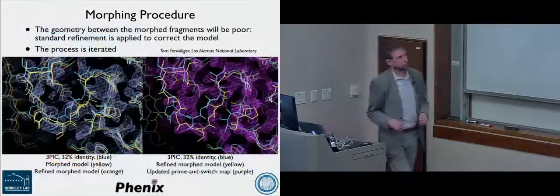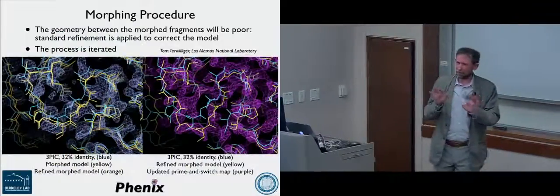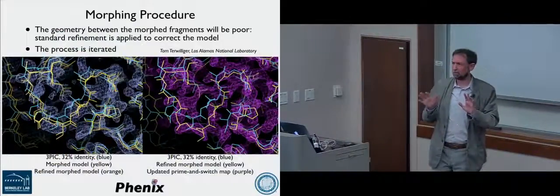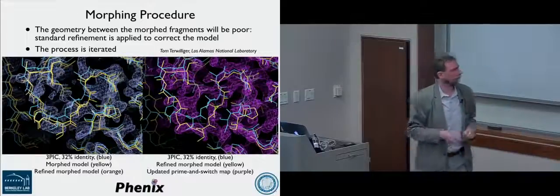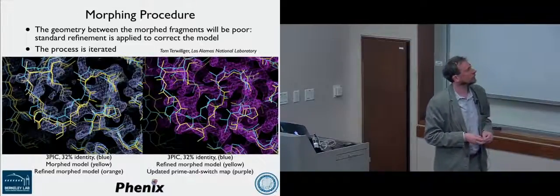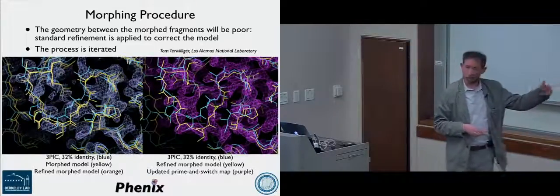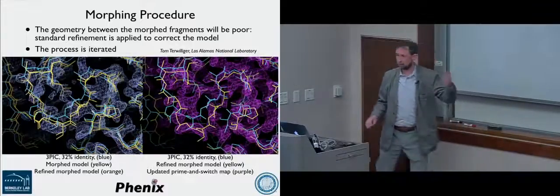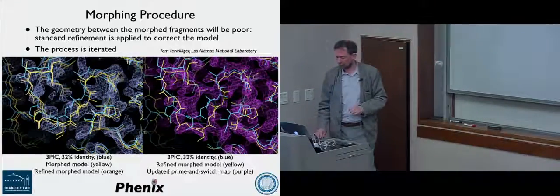Now, of course, it's probably going to cause geometric distortions in the model because we've shifted residues on a somewhat individual basis. So then you have to do some reciprocal space refinement again to make the model more consistent with chemistry, and that's what's shown in orange here after doing that. You can see that some parts of the model have shifted quite a bit, some less.